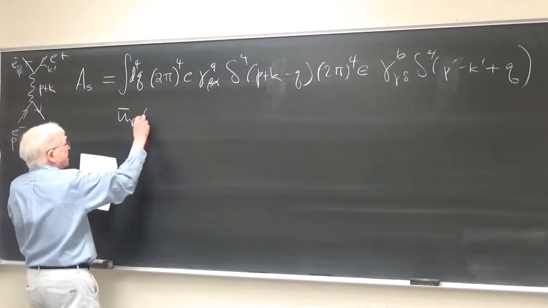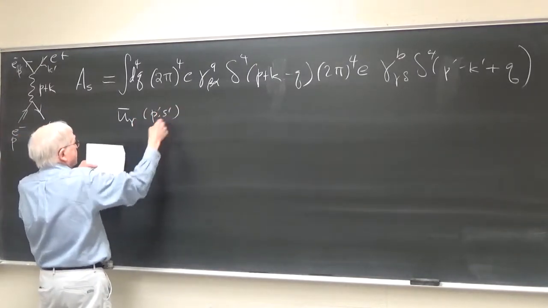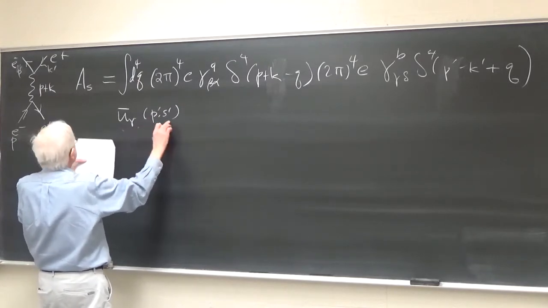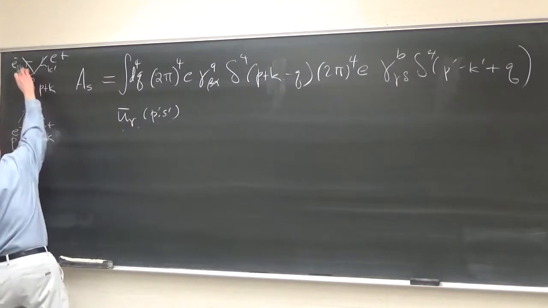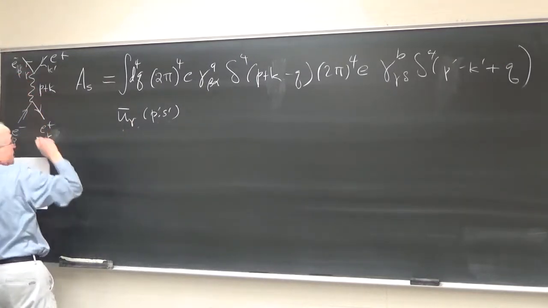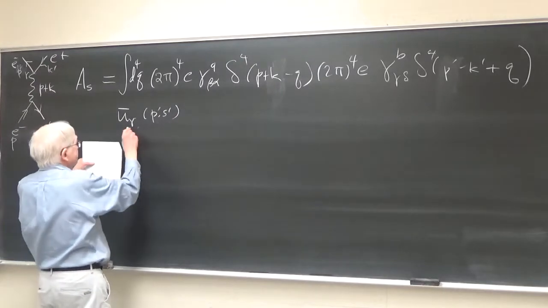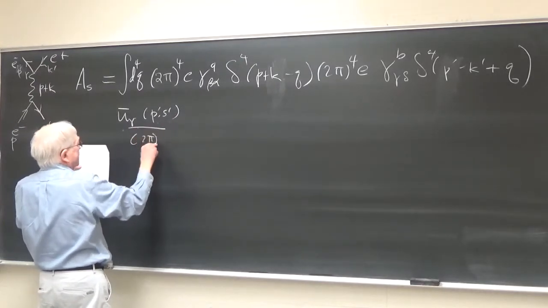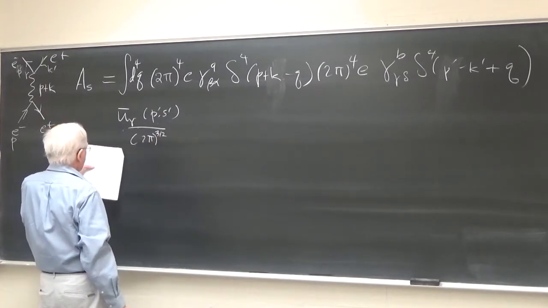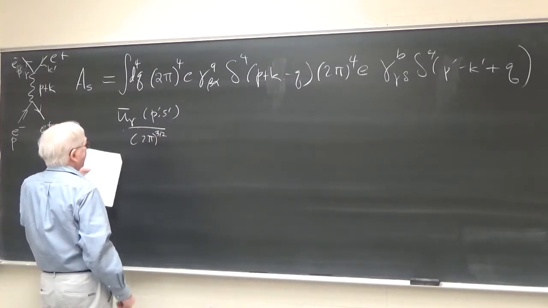So then, applying the Feynman rules, you get U bar gamma of P prime, S prime, that's this one here, and this vertex has a gamma on it. We have 2 pi to the 3 halves, and in fact, we're going to have altogether 4 of these.